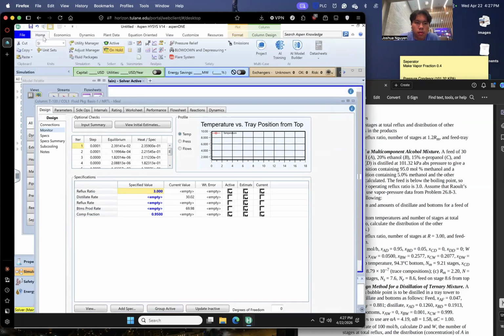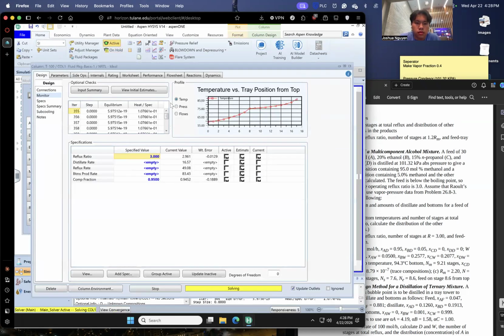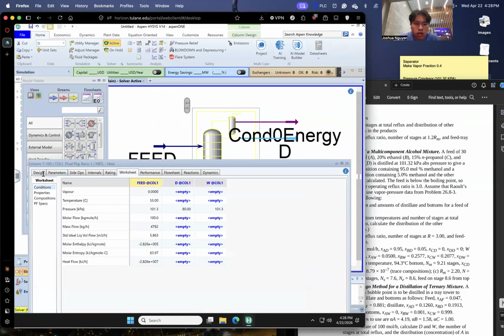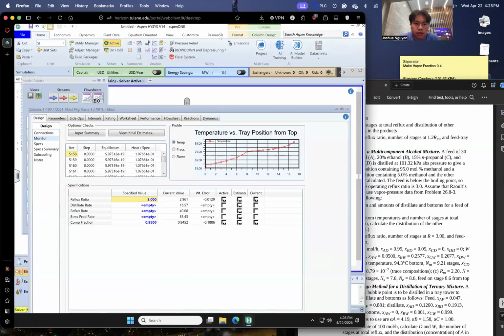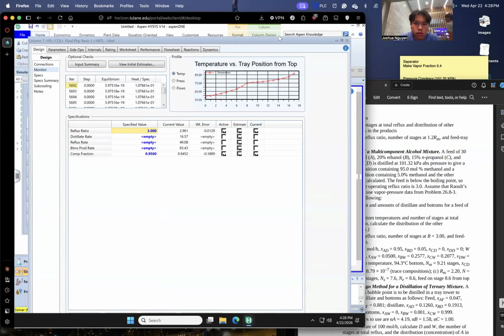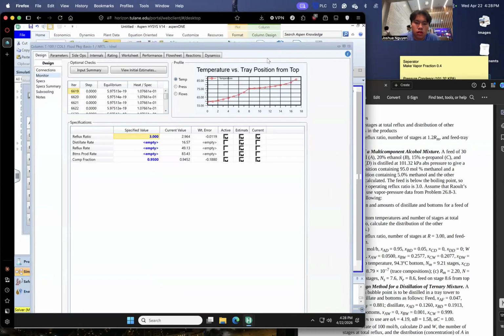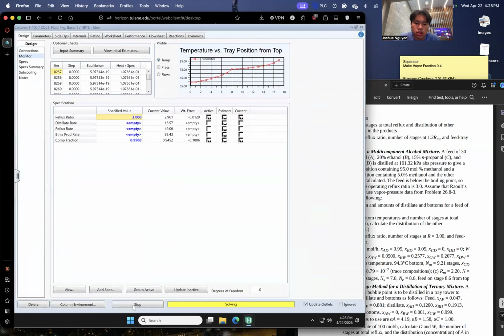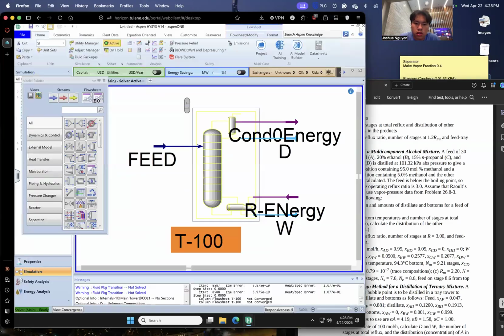So it's not going. And we need a few more stages if we have the water. Yeah, it's coming in pretty cold.